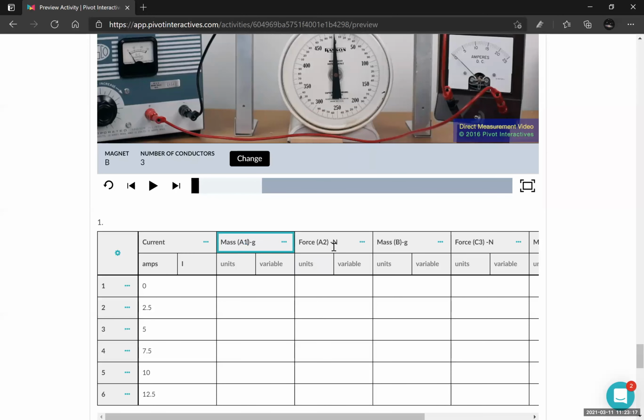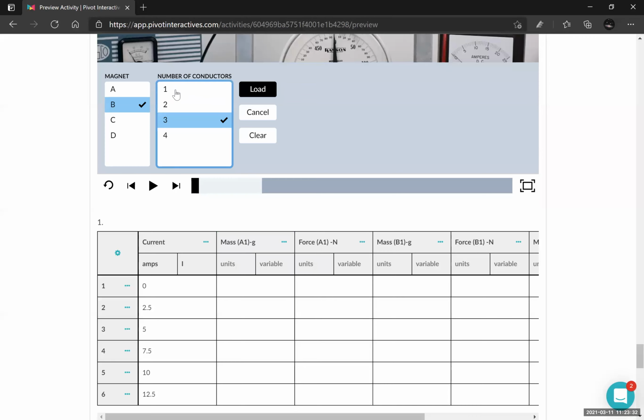So A1, B1. That means I'm going to do A1 and B1, where the number of conductors configuration is 1.